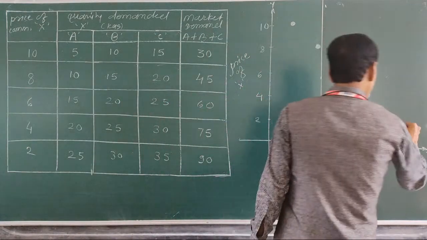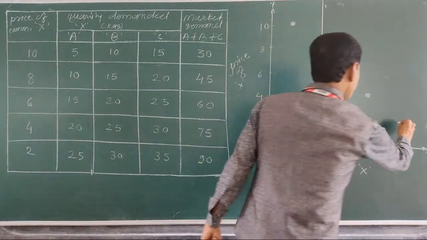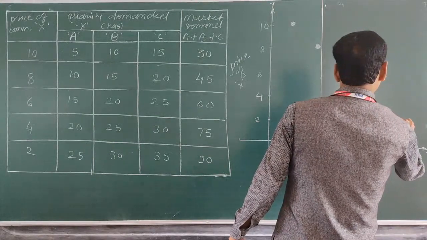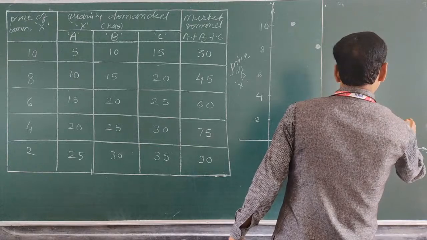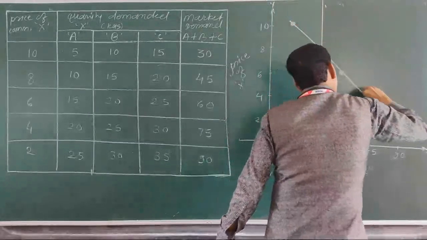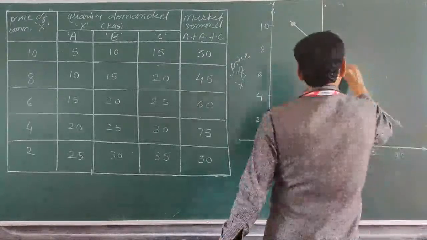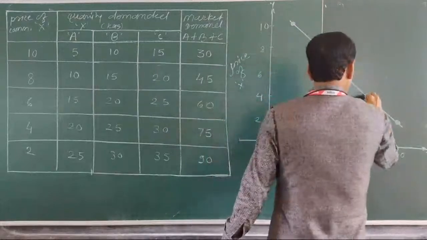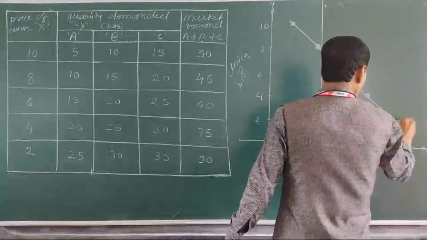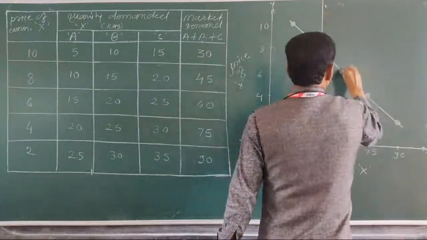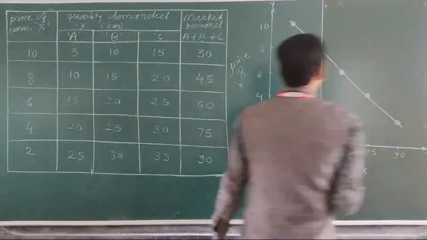Look at that, 2, there is 90. Okay. Join that line.